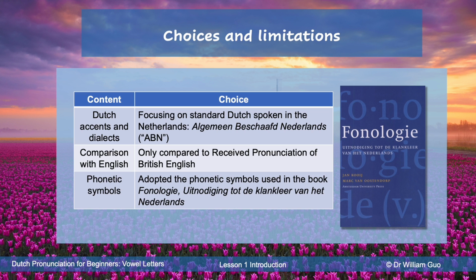It's possible that the phonetic symbols used in some dictionaries and some other academic publications are not exactly the same as these. As far as I'm aware, there isn't a standard set of phonetic symbols that is universally used to transcribe Dutch pronunciation.